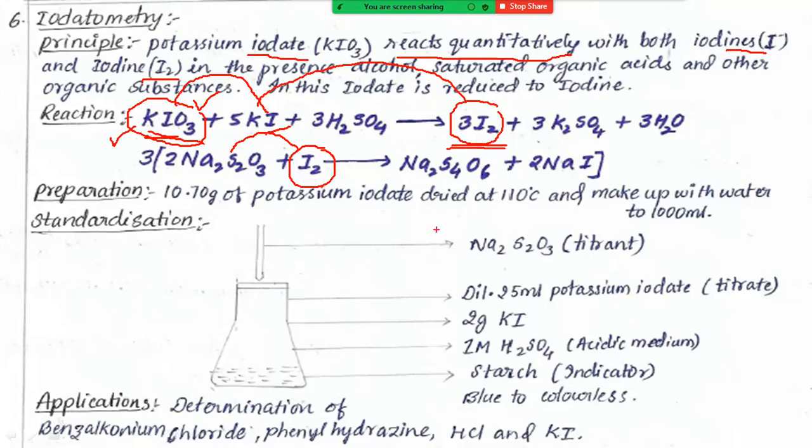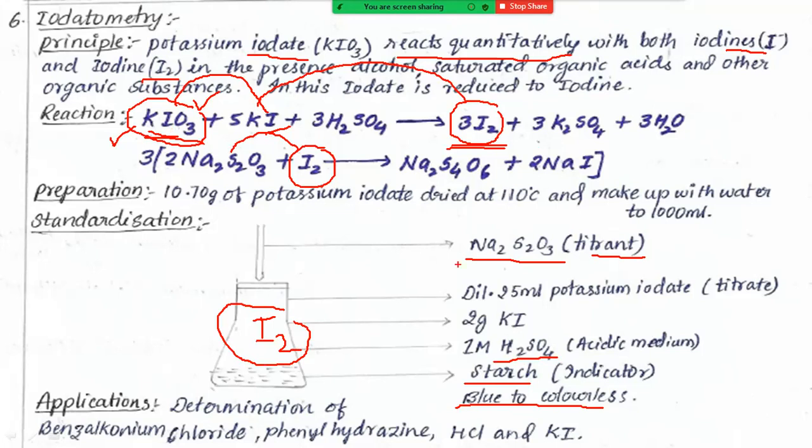So here also iodine molecules are produced from the reaction, but this is not called iodometry. Why? Because potassium iodate is used, so this is called iodatometry. The entire solution is maintained in acidic medium by adding sulfuric acid, the indicator is starch, and the color change is blue to colorless. The liberated iodine is titrated with sodium thiosulfate, which acts as the titrant solution. So this is about iodatometry.